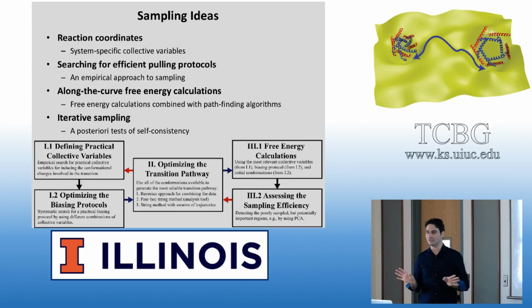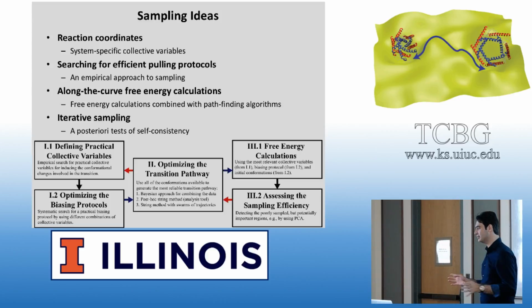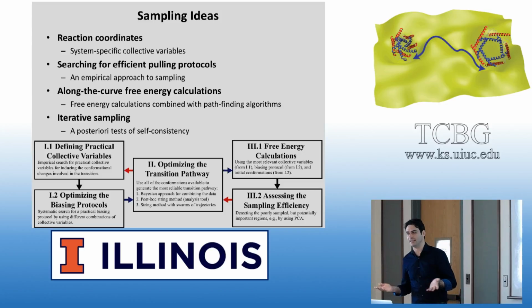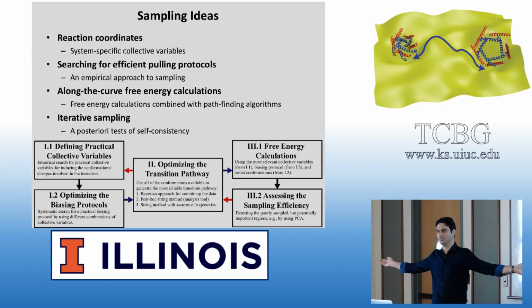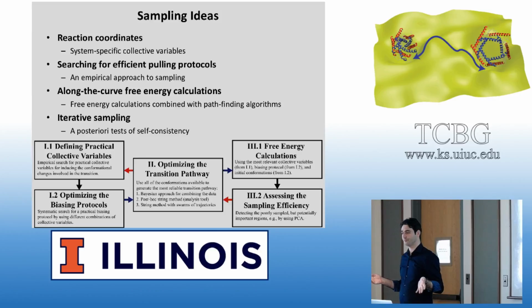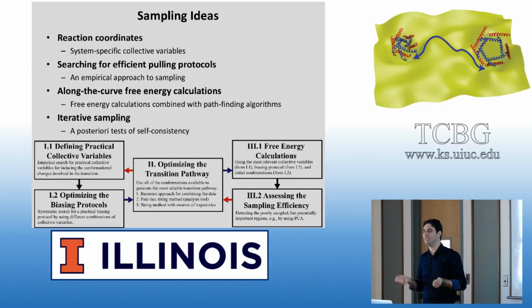You can look at other degrees of freedom. One very, very simple thing that can be done is to simply do PCA on the trajectories that you get out of your free energy calculations, if you have multiple windows. You can do PCA and then look at the sampling. See if your sampling is continuous or not. It's happened to me several times.